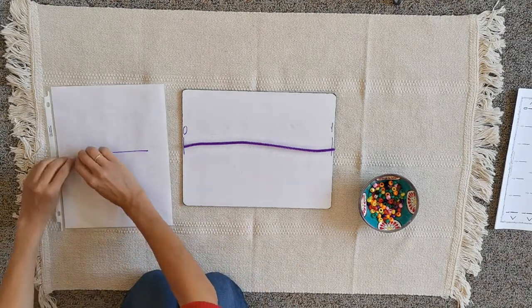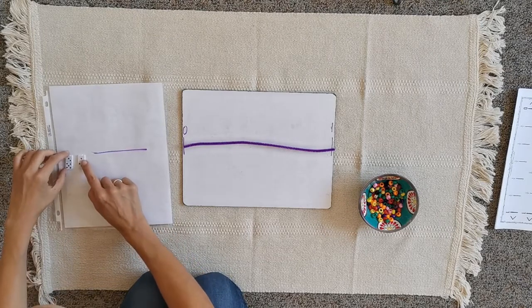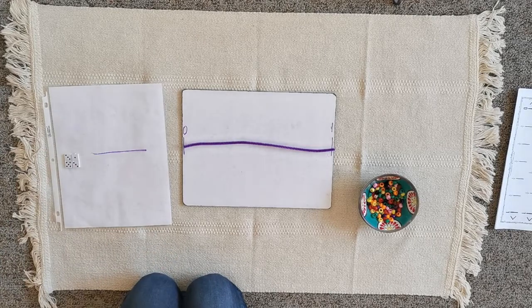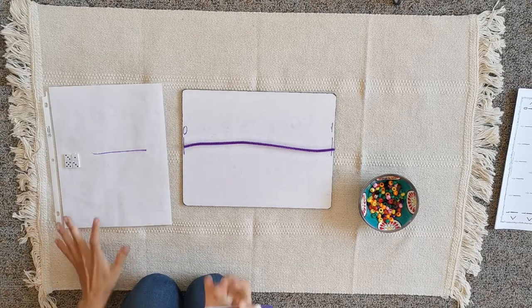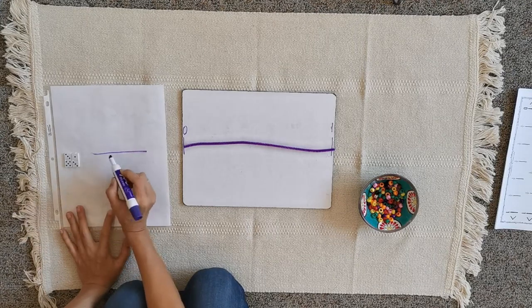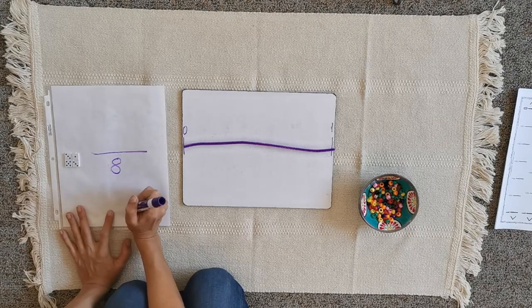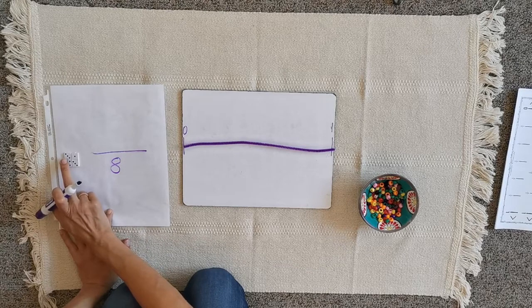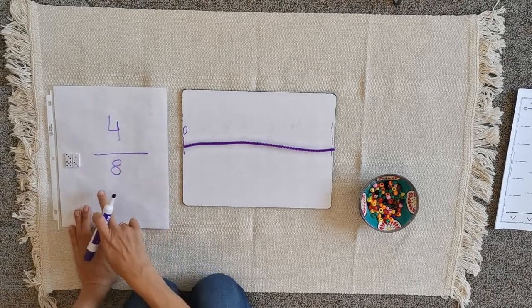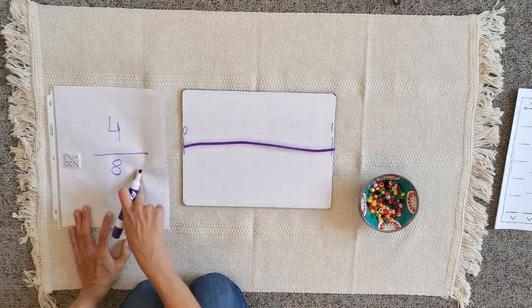Biggest numbers, 5 and 3 make 8. And 3 and 1 makes 4. So we are going to work on the fraction 4/8.